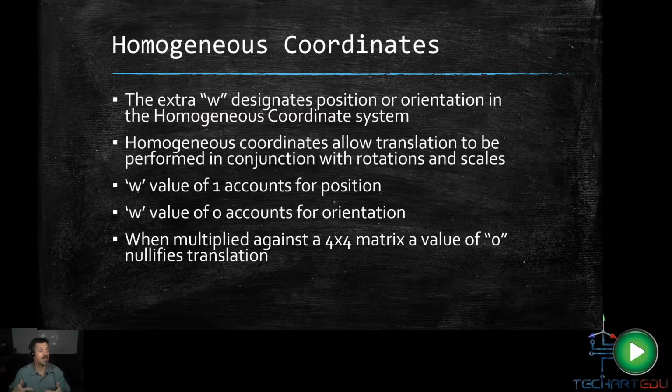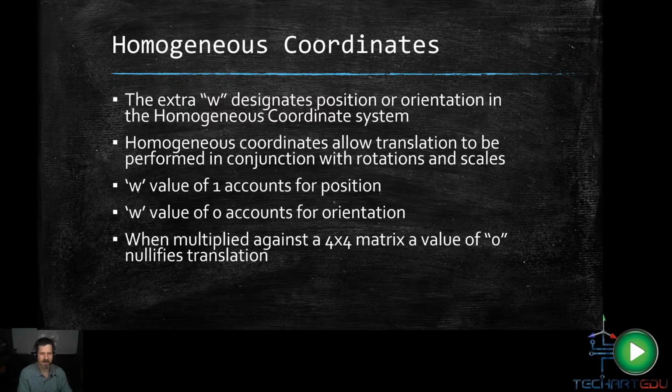Once again, if W is a value of 1, that means we're dealing with a point, and if it's 0, then we're dealing with an orientation or a direction. Ultimately, when we multiply this vector or point against a 4 by 4 matrix, all of the translations get nullified out. We'll get into that in just a little bit.